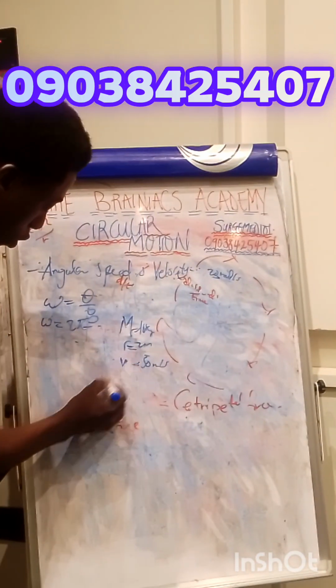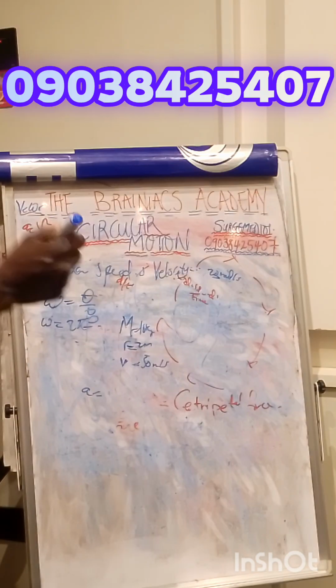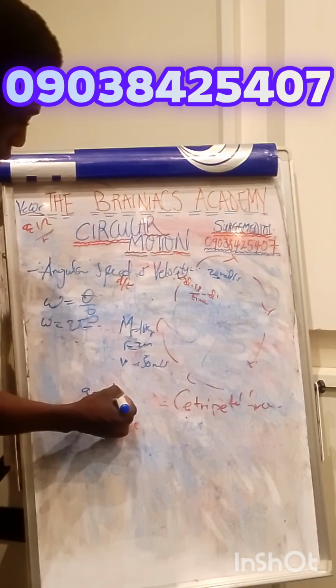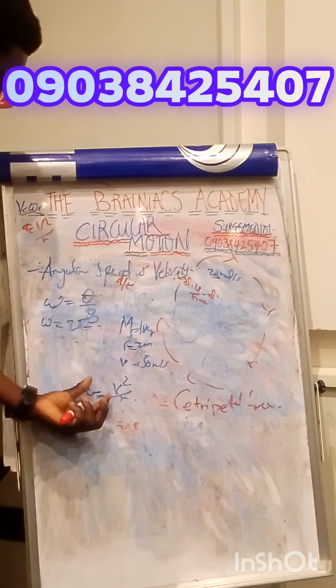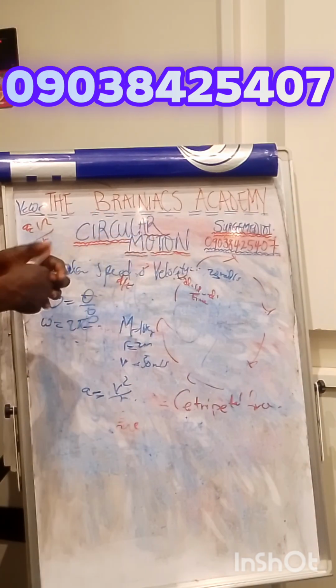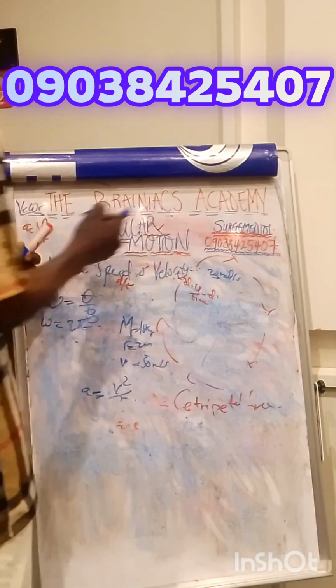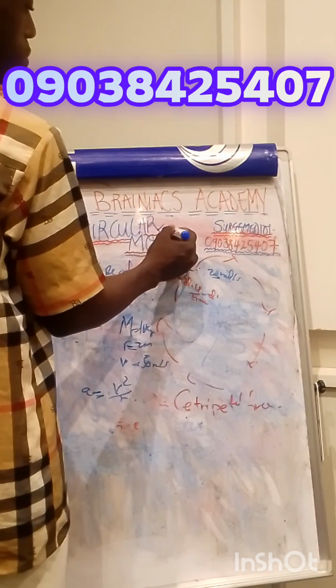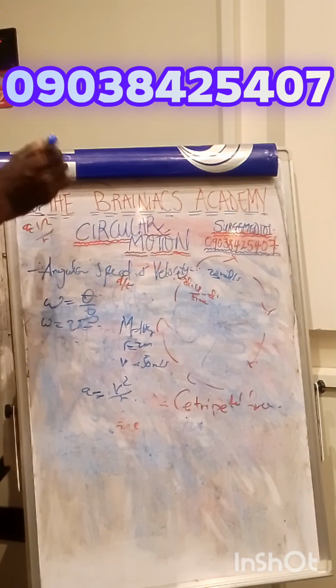So now how will you look for your centripetal acceleration? What's the formula for centripetal acceleration? I told you the formula for centripetal acceleration is v squared over r, and this centripetal acceleration is a characteristic of circular motion. You have 3 characteristics of circular motion that you must master, which are your variable or changing velocity, your centripetal force, and your centripetal acceleration.